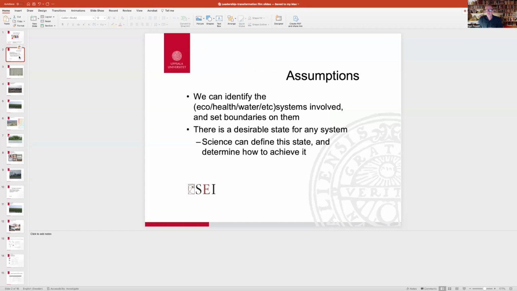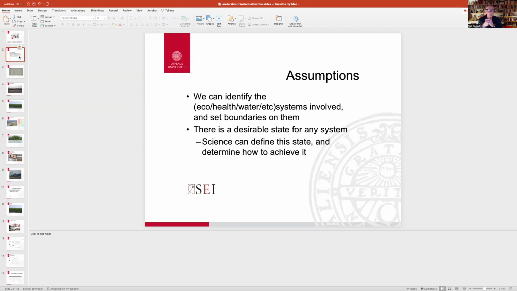So just to give you a bit of a background in terms of systems, I think we've all been trained into a particular perspective in terms of our thinking about systems and our thinking about science in particular. And we're fueled with certain assumptions when we go through the university system.